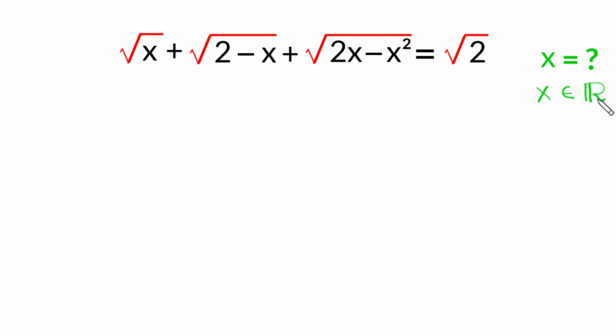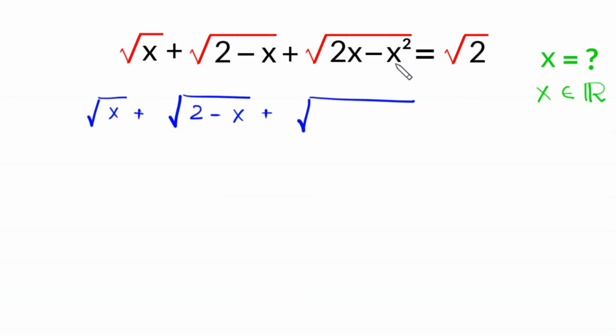So let's start. We can rewrite this equation as root x plus root 2 minus x plus root x times 2 minus x equal to root 2.